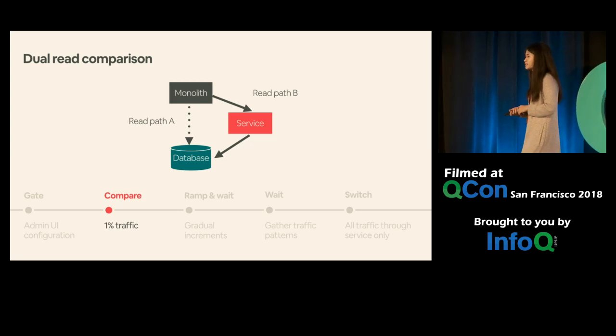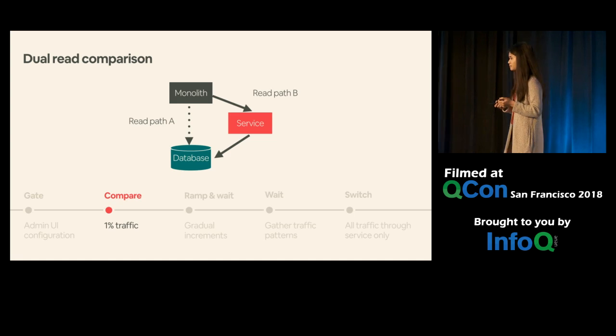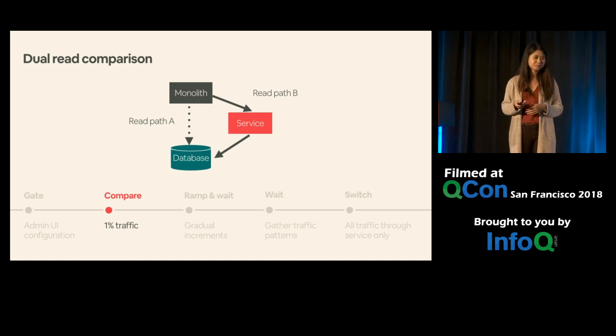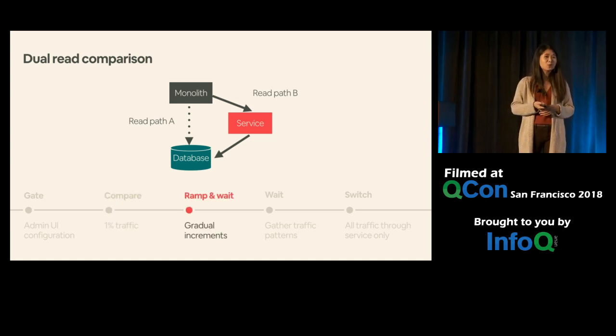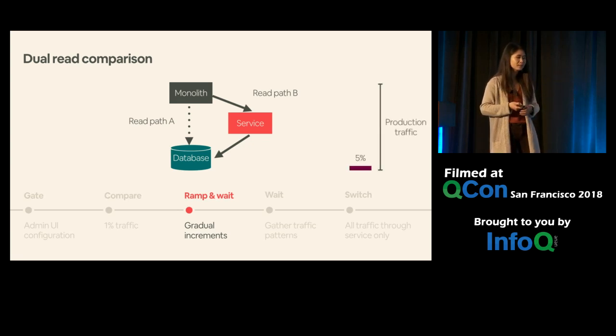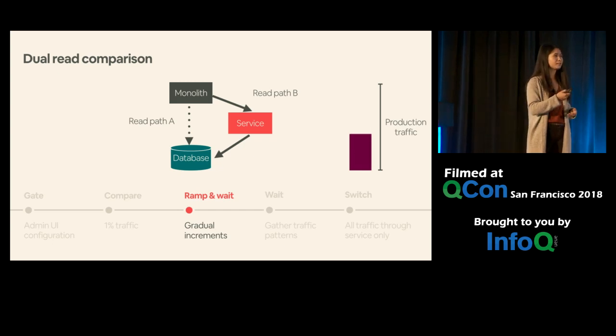We begin the comparisons for this dual read starting with 1% of traffic. We look for mismatches between the responses of the two read paths and address them along the way. Once the comparisons are clean, we then ramp up the production traffic going through these two read paths. We do this slowly, going from 5% to 10% to 25%, 50, and then 100.